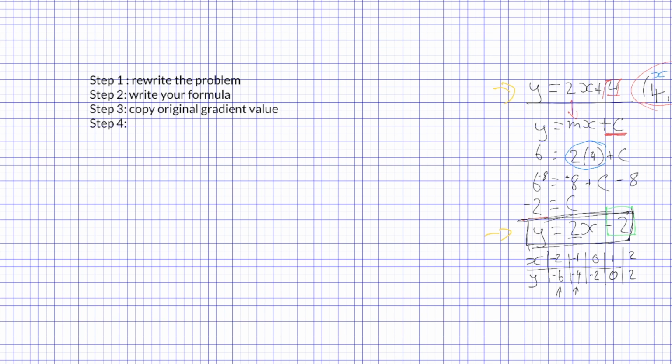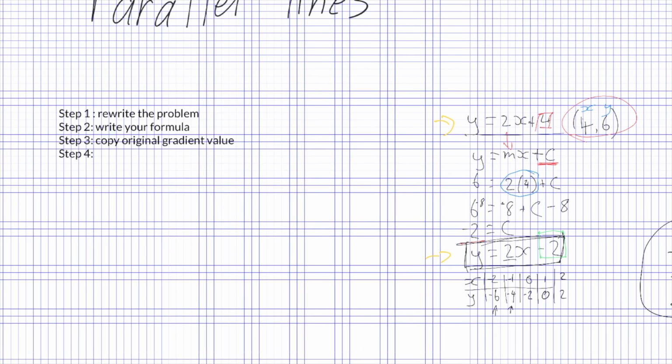Step 4. Now, in step 4, you're actually going to identify the x and the y values from your point. As you can see over there in our example, for 6, we've actually labeled the x value and the y value. That's because this helps this stage.